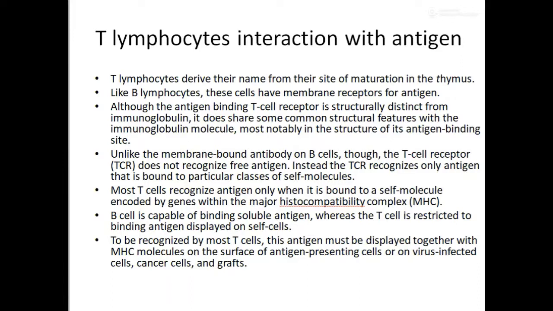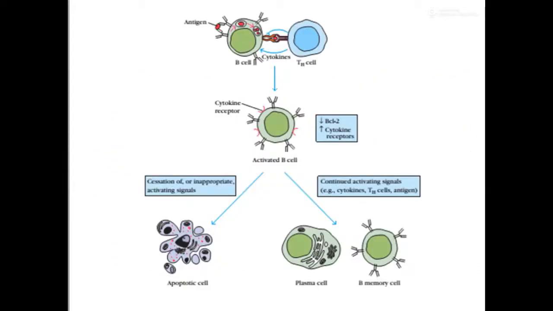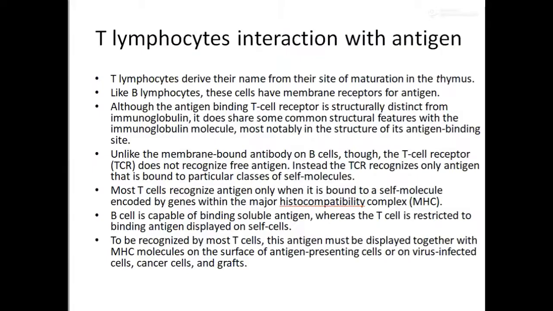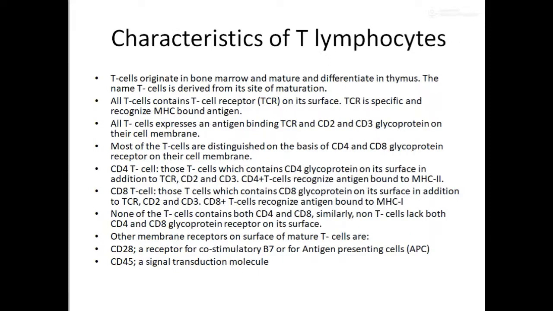That is why you saw earlier that the class 2 MHC on the B cell was presenting the antigen to the T helper cell. So remember, T lymphocytes cannot directly interact with antigens, but can only interact with antigens displayed by the major histocompatibility complex.